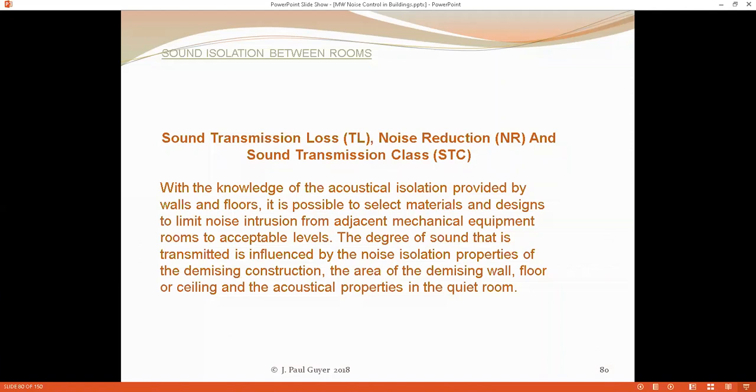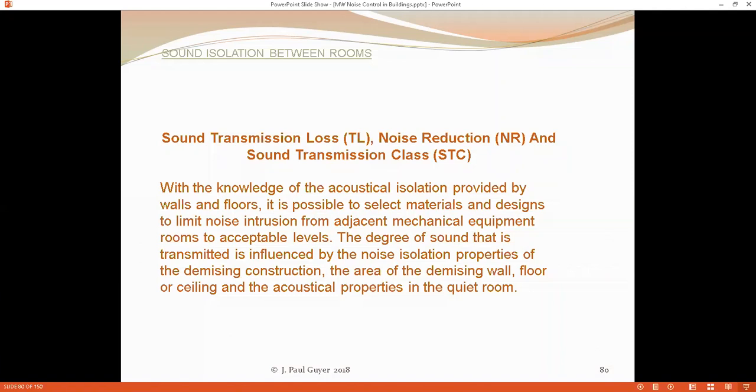The methodology Underwriters Laboratories uses is an ASTM one that you can look up. They test that wall construction and determine that it warrants an STC rating of whatever.